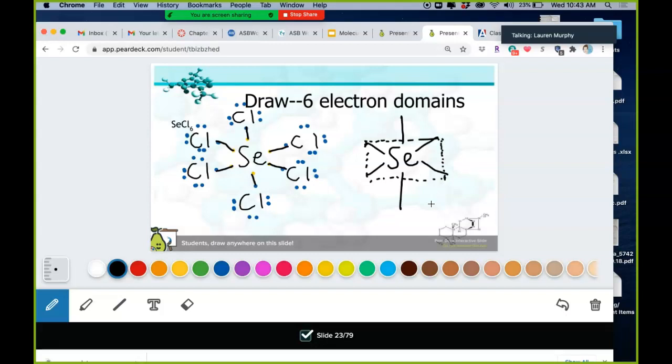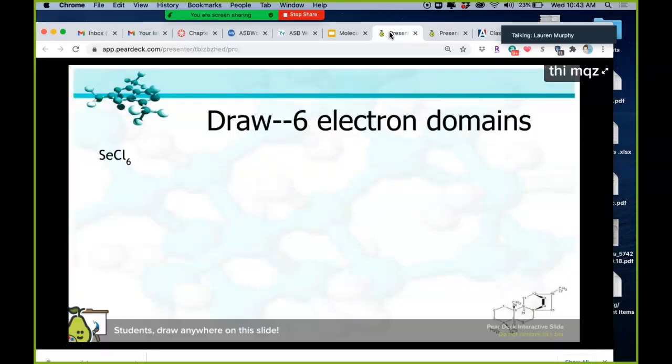Okay. Now there still is a point going down, right? And one going up. Okay. So when you look at this though, they're going to call this an octahedral.